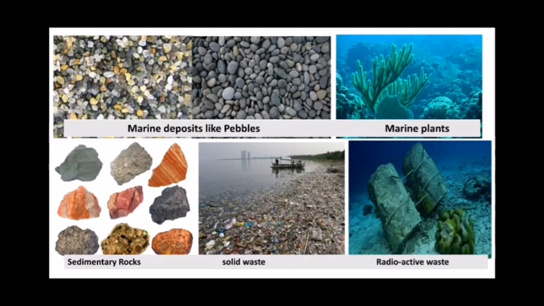So what kind of deposits do we find being deposited by rivers, seas, oceans or any other water body? They are pebbles, clay, soil, etc., that are carried by rivers, glaciers or lakes or any other water body that move from one place to another, from continent to continent.